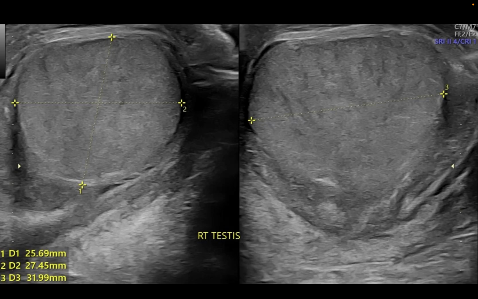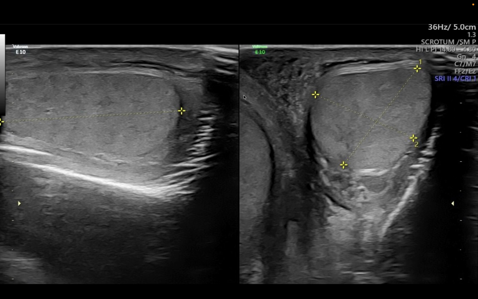Today, I would like to share an interesting and important case. A 13-year-old boy presents with pain and swelling of the right testis for the last 3 to 4 days associated with fever. On ultrasound, the right testis is enlarged with relatively decreased echogenicity compared to the left testis.